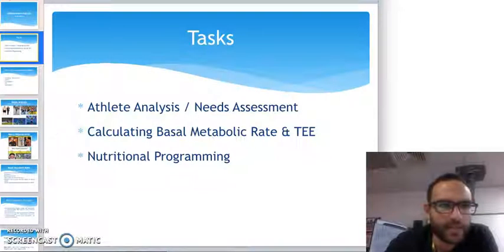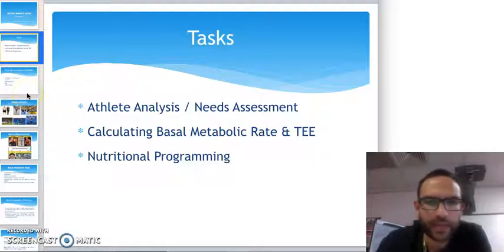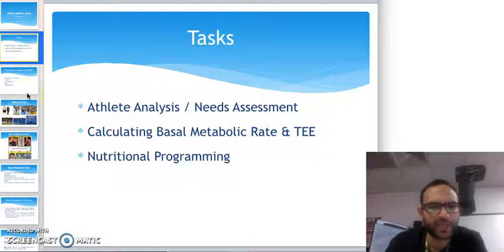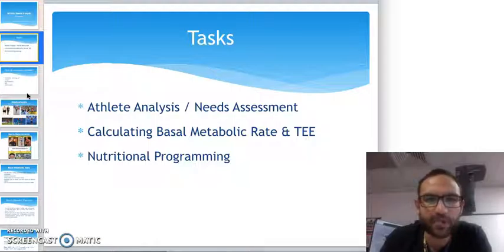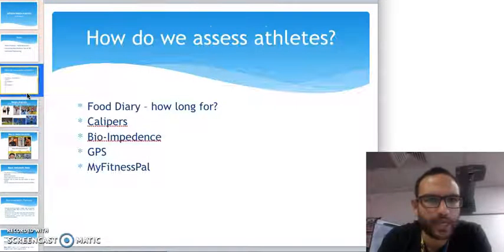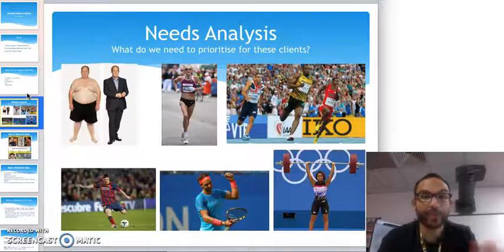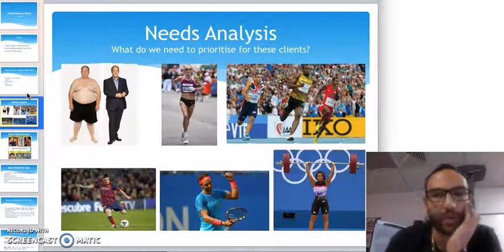So we're going to do a little bit on a needs assessment, calculating their BMR or their basal metabolic rate, and then a little bit on actually programming their requirement.